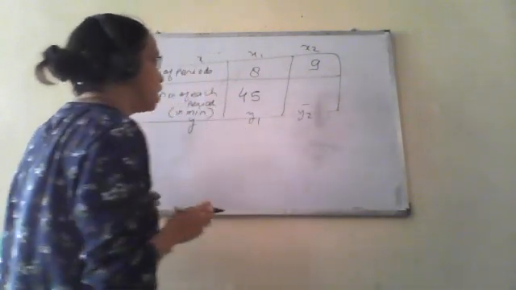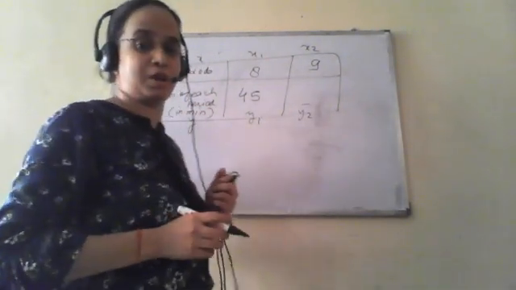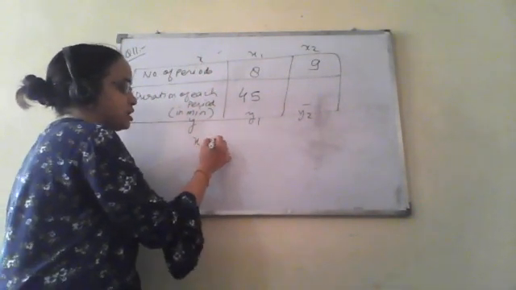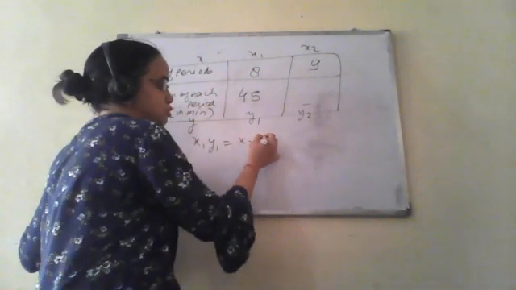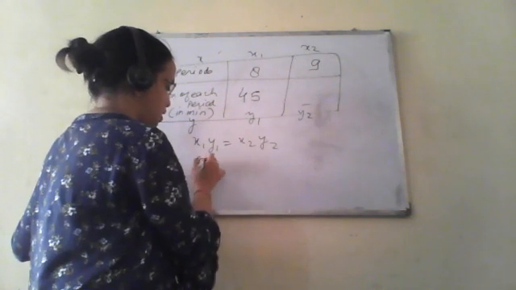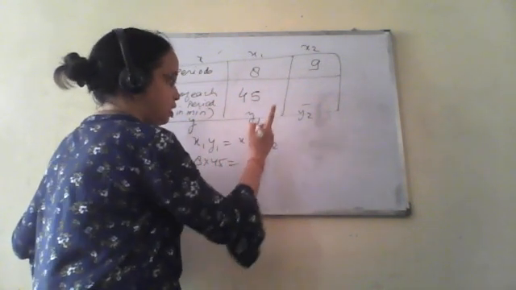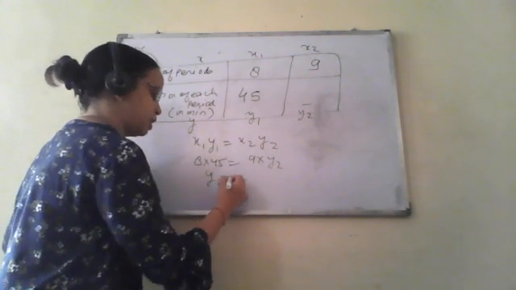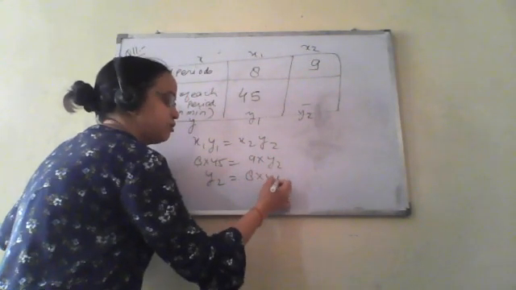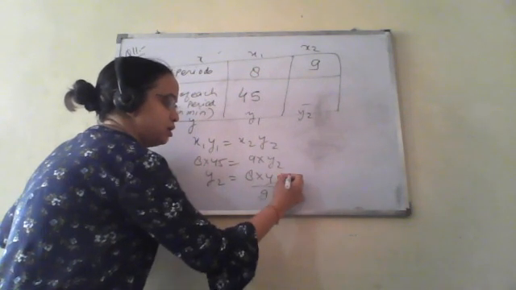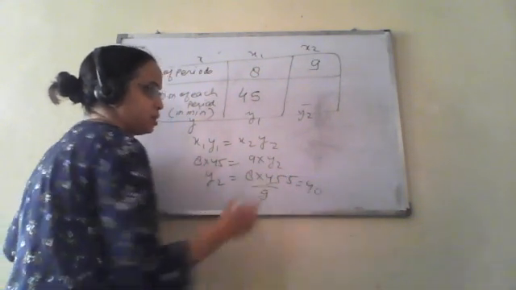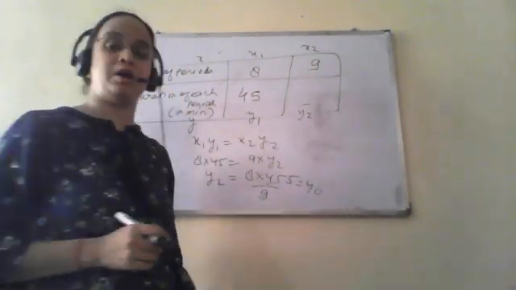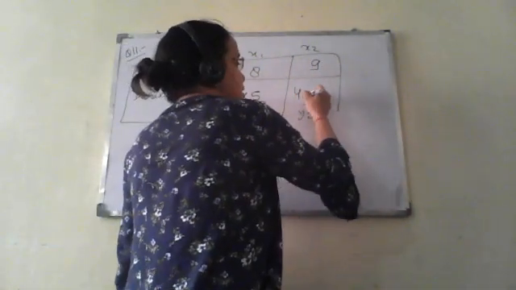So y2 we have to calculate, that is the duration of each period if the number of periods is 9. So x1 y1 equals x2 y2, that means 8 into 45 equals 9 into y2. So y2 will become 8 into 45 upon 9, 5 nines are 45, that means 40 minutes. So if the total number of periods is 9, the duration of each period will be 40 minutes.